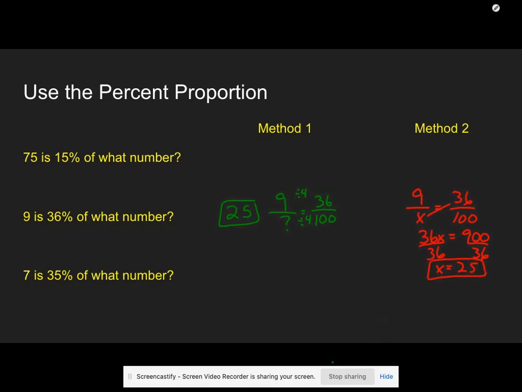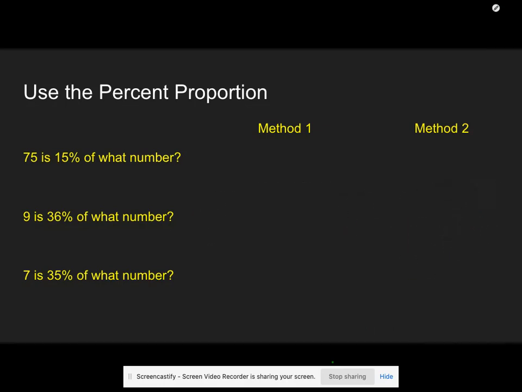All right. And the last one, you have 7 over question mark equals 35 over 100, while I am dividing by 5.